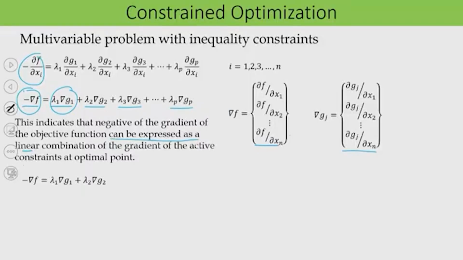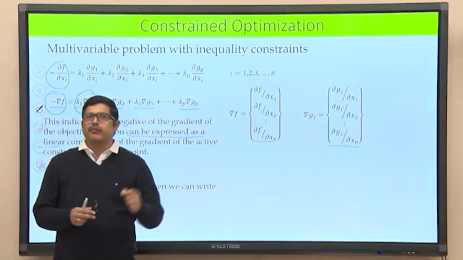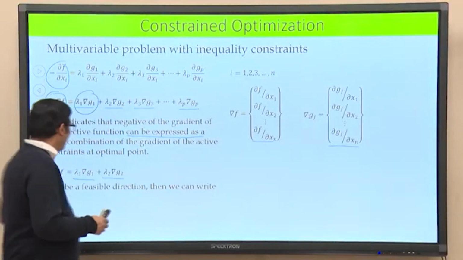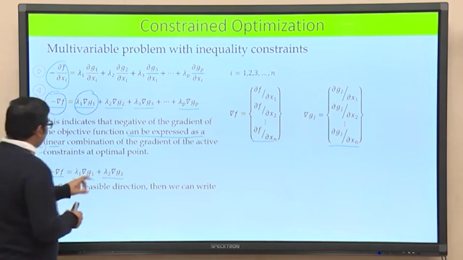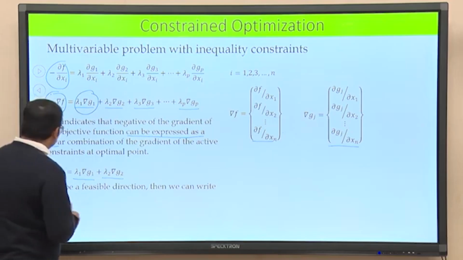Then minus del f is equal to lambda 1 del g 1 plus lambda 2 del g 2. I am expressing it like that at a particular solution point. Suppose this is at the optimal solution.